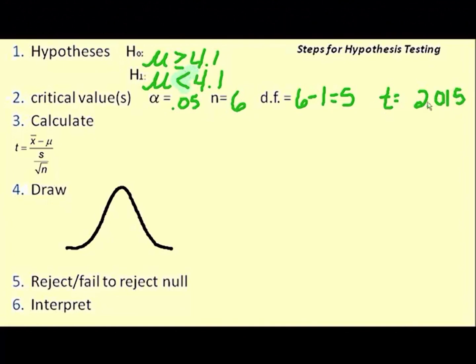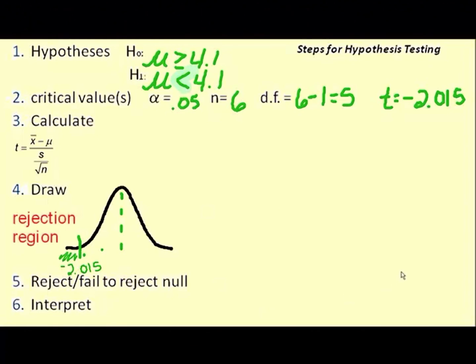Less than numbers are negative. On my graph, dashed line would represent the mean, 1 standard deviation, 2 standard deviations. Right here would represent negative 2.015. Our rejection region.